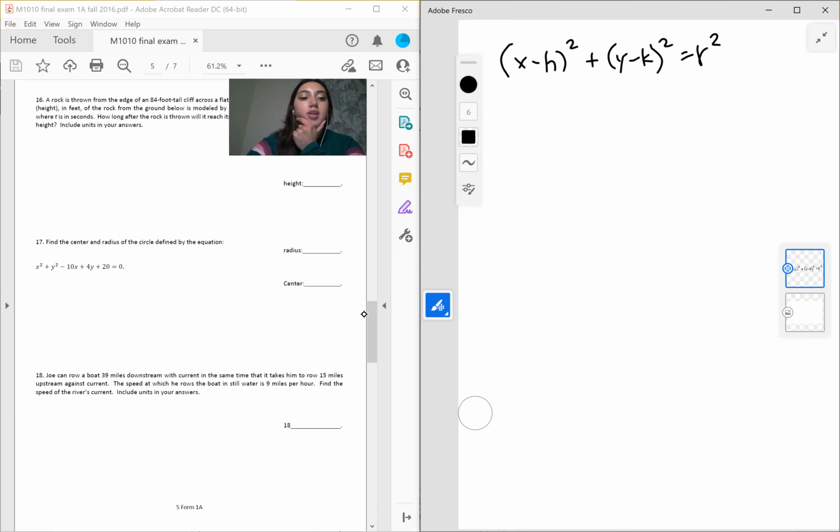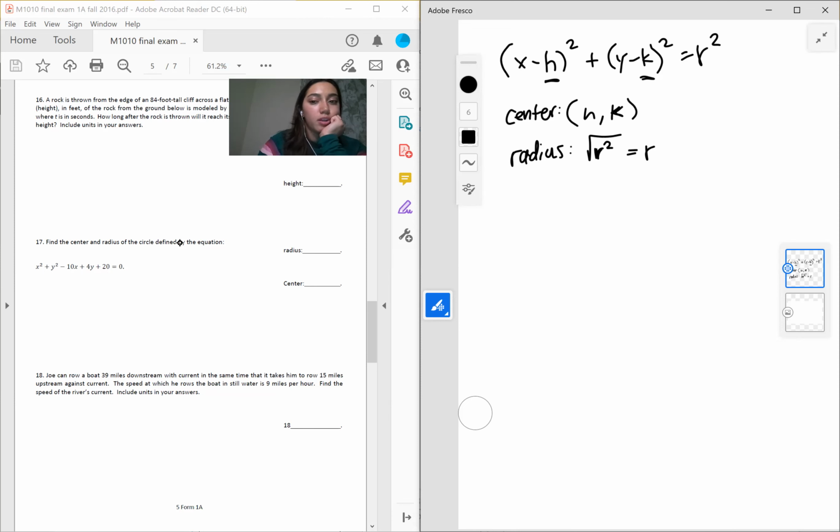All right, and you can find the center and the radius using this equation because the center is h comma k. And then the radius is just the square root of r squared to get r. Okay. All right, so we're using these terms over here.